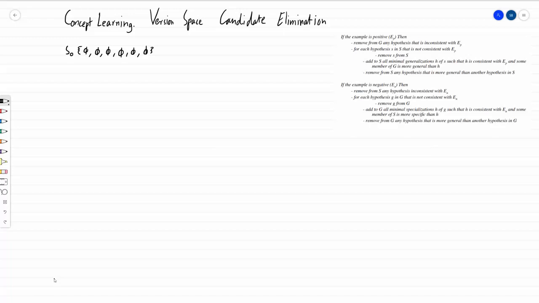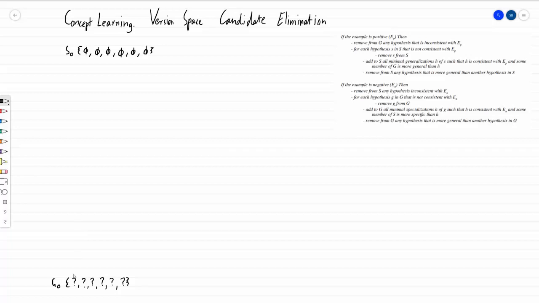We're also going to go down and make G0 our initial starting point. The idea here is we're making this as general as possible. Question marks represent the ability to accept any value. Any value that falls into this we'll just accept.